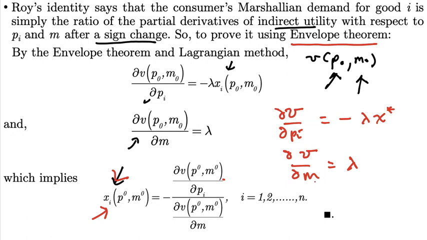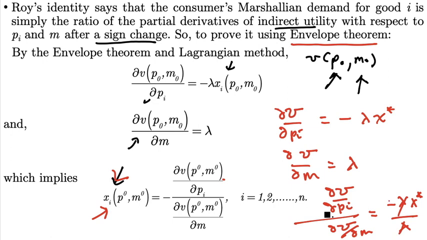You take the ratio of these two, then it becomes dV over dp_i over dV over dM equals minus lambda x star over lambda, cancel. You have a minus sign, you bring it here. So that's why you see the minus sign here after the sign change.